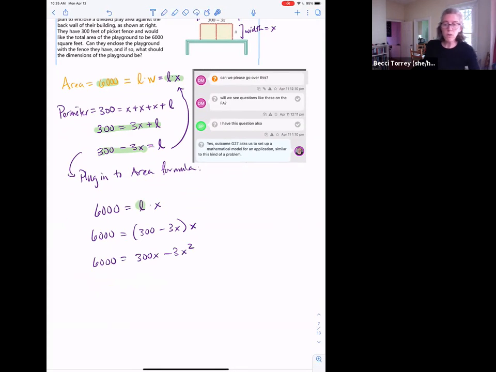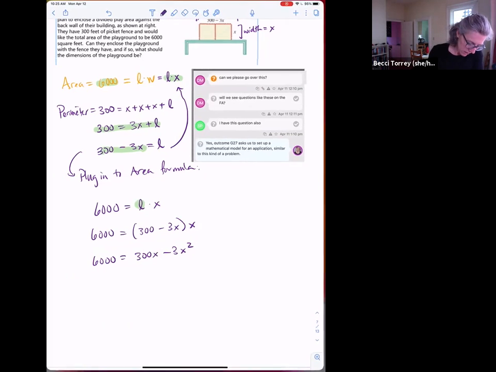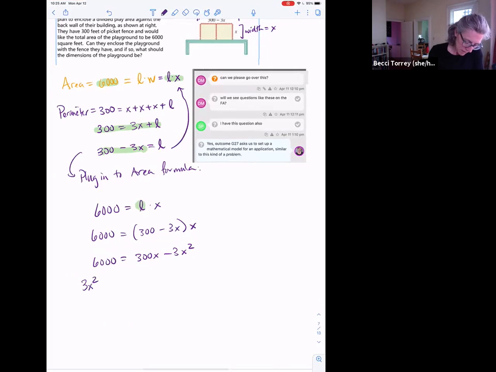We want to get 0 on one side. Me personally, I want my x squared term to be positive because it just makes life a little bit easier when you're solving these. So what I'm going to do is add my 3x squared over to this side and subtract my 300x so that I can make this positive. So I'm going to add 3x squared, and I'm going to subtract 300x because that one was positive.